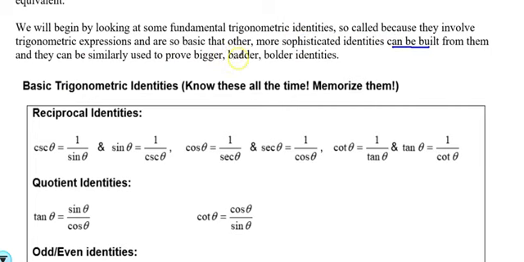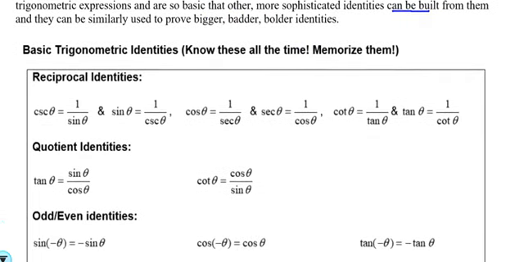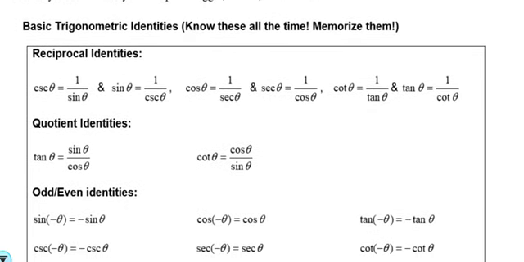There is no such word as better, but some are really good ones, some are really complicated. So today we are going to look at basic trig identities. Know them all the time, memorize them, but it's nothing really difficult. So let's take a look at the first one.